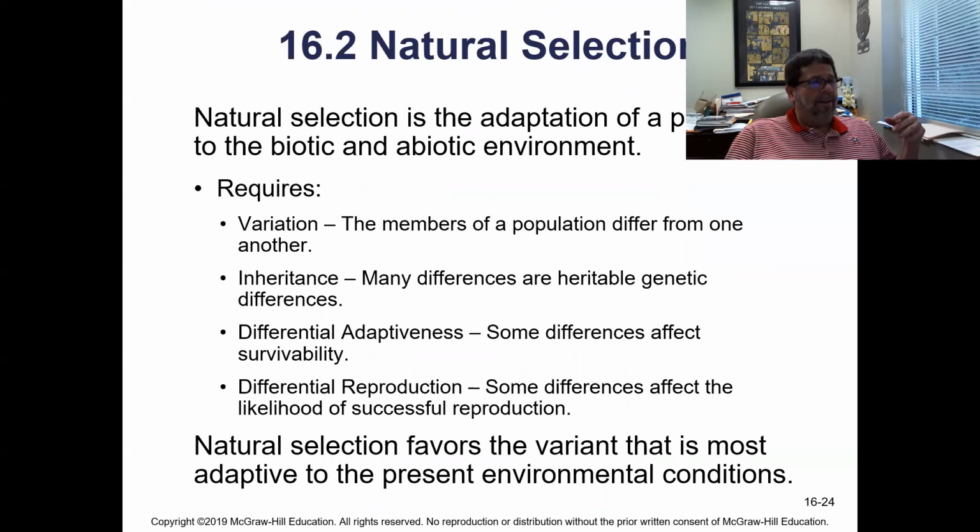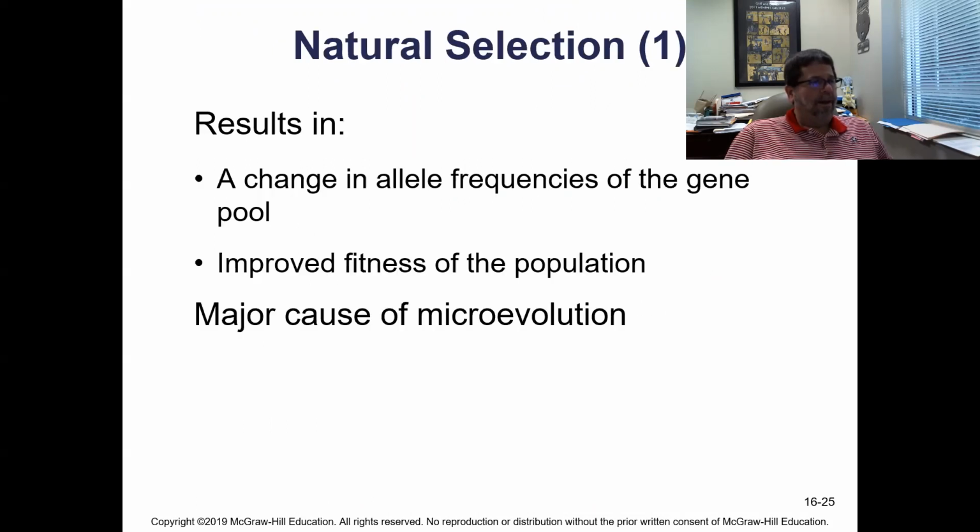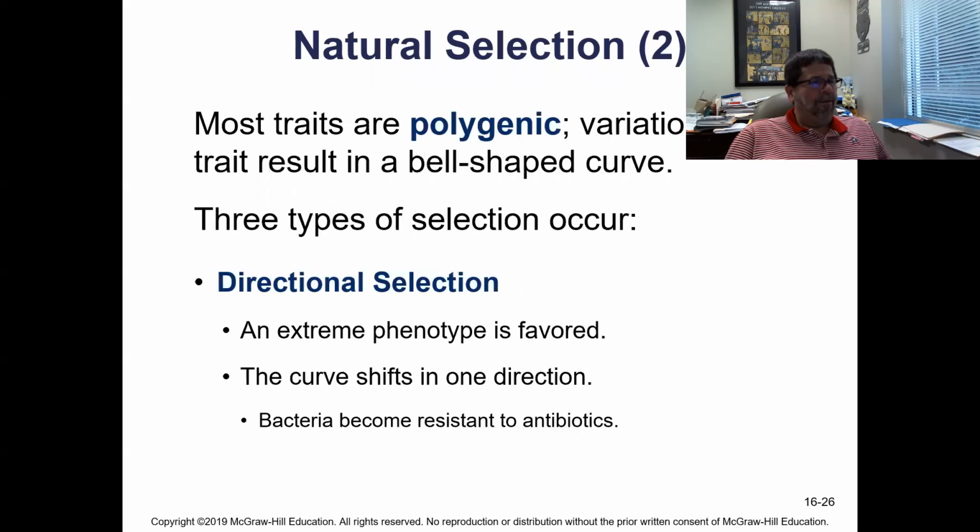Natural selection, the one we talked about: you have to have variation, inheritance, we've proven that. Differential adaptiveness, right? Some trait gives them a better chance of survival, and then those who have a better chance of survival breed more, and their genes become the norm over time, okay? And all those will lead to microevolution, okay? Natural selection, because of its polygenic inheritance trait, you can get a bell-shaped curve, and we see three types of this.